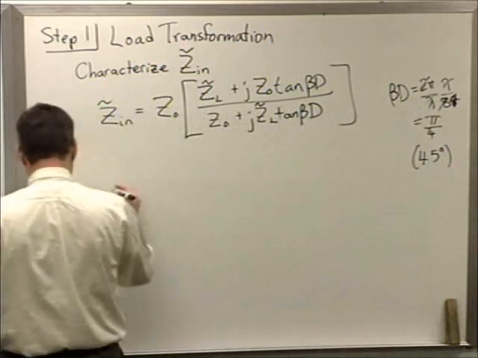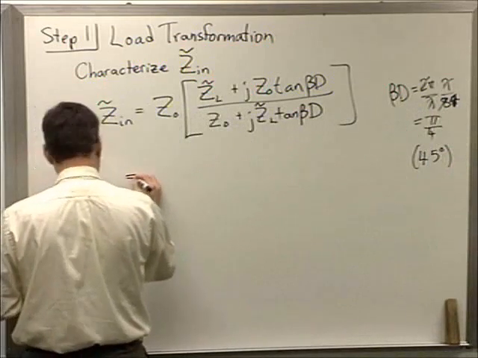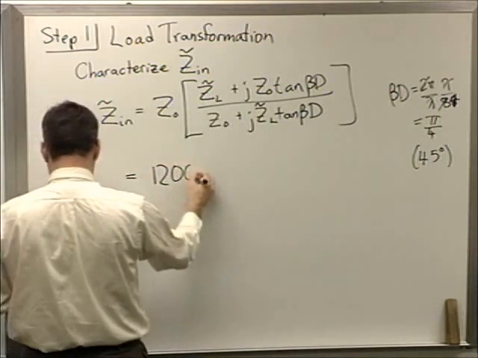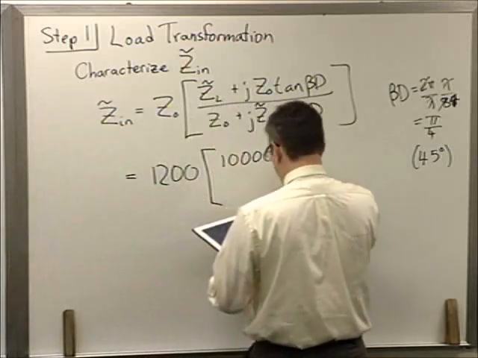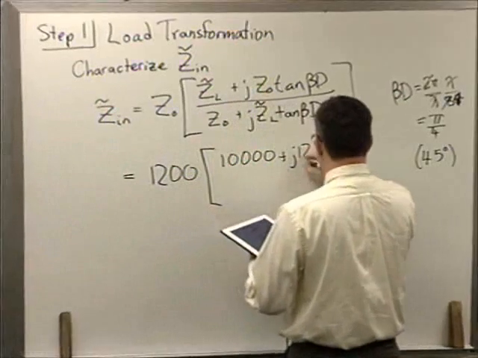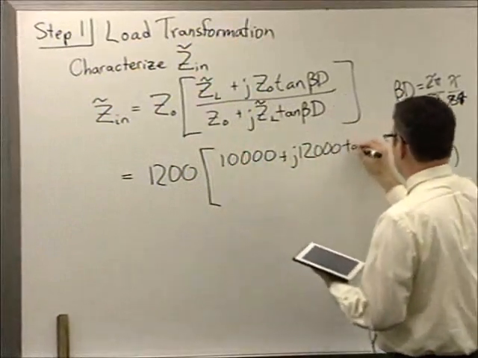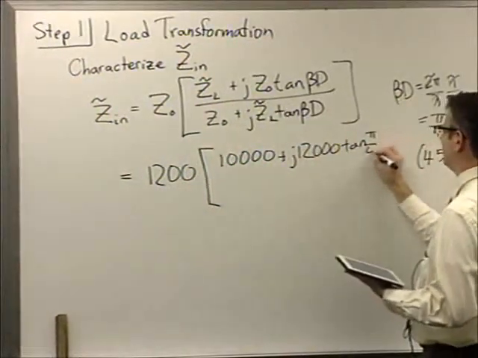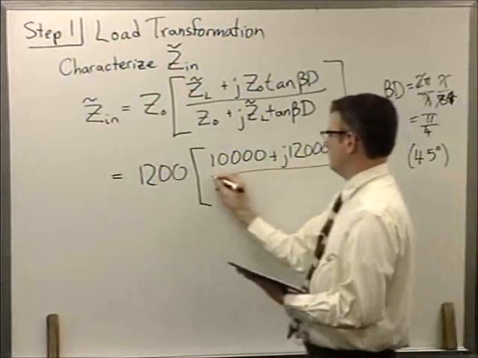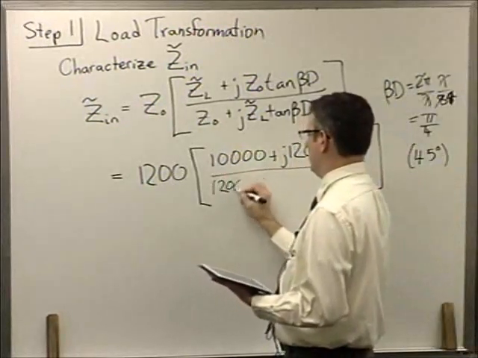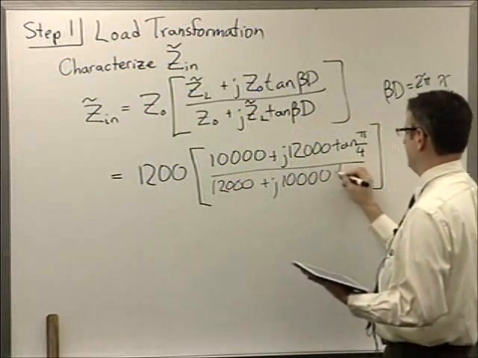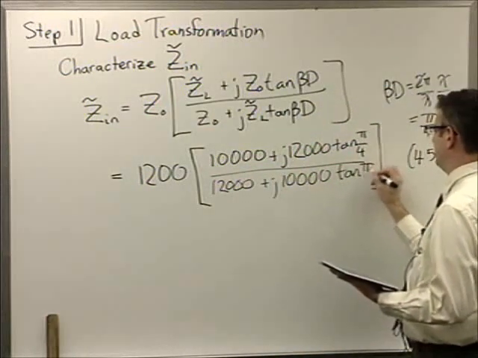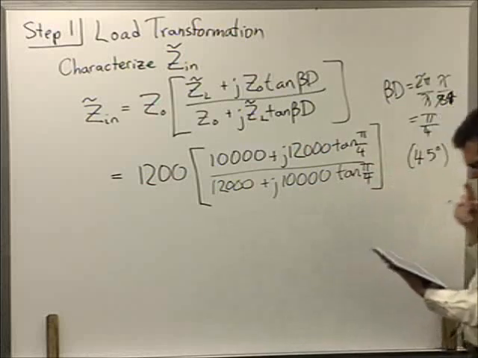Okay, so then when I plug in everything, I get 12,000 times 10,000 plus j 12,000 tangent pi over 4, over 12,000 plus j 10,000 tangent pi over 4.